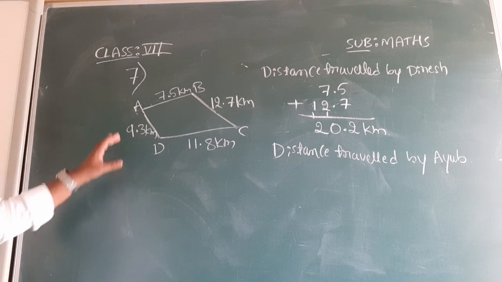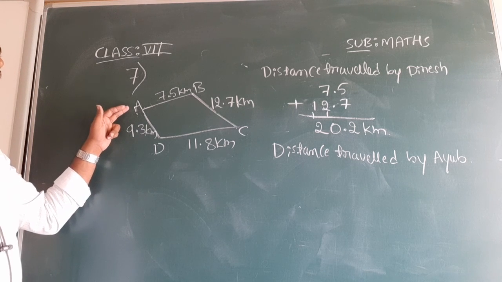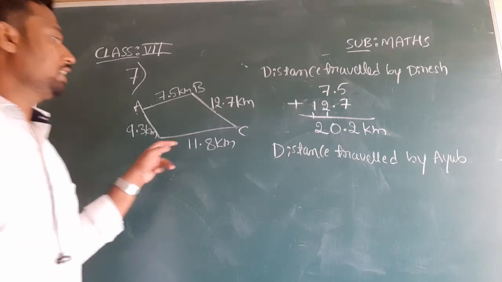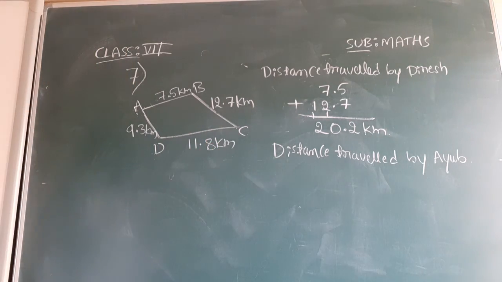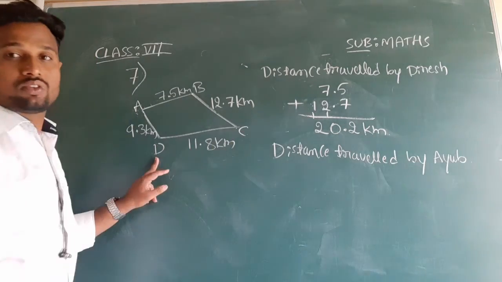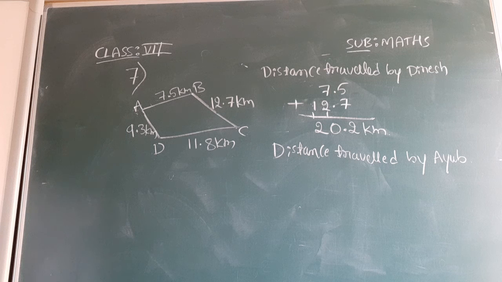Here Ayub went from A to D, and again from this D he went to C. So A to D, D to C. You have to find out the distance.